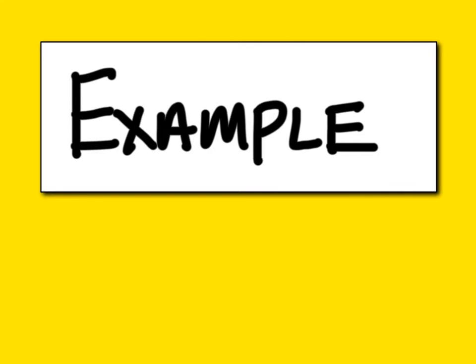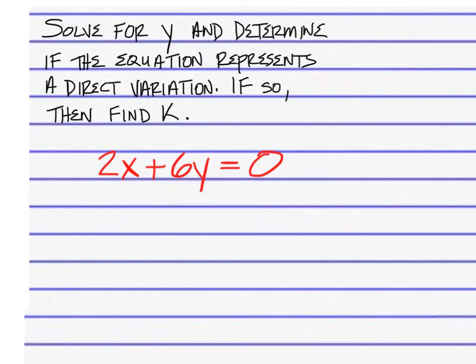Here's another one. Solve for y and determine if the equation represents a direct variation. If so, then find k. What's the first thing I need to do in getting y by itself? What do I move first? Move the 2x. What happens to that 2x when I move it to the right?